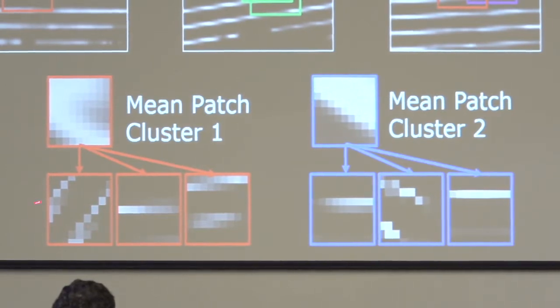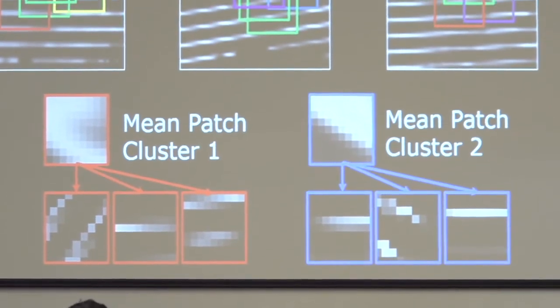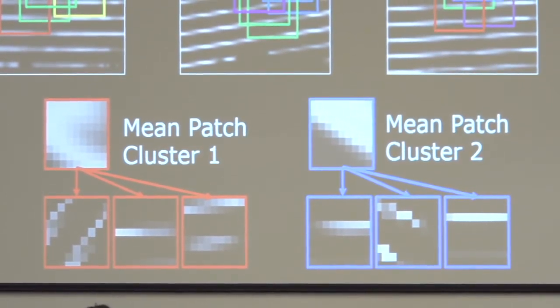But because it's kind of grayish, it's much more likely to come from this cluster than from this cluster. So I just described to you how, if you have estimates of dense means, you can figure out which patch belongs to which cluster. And if you have the notion of which patch belongs to which cluster, you can estimate the means. This is exactly what our algorithm does, but in a slightly more sophisticated, fully probabilistic way.